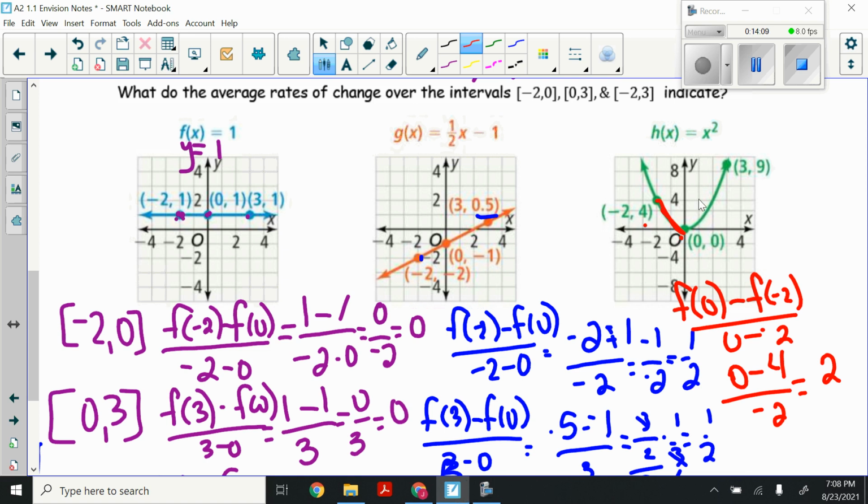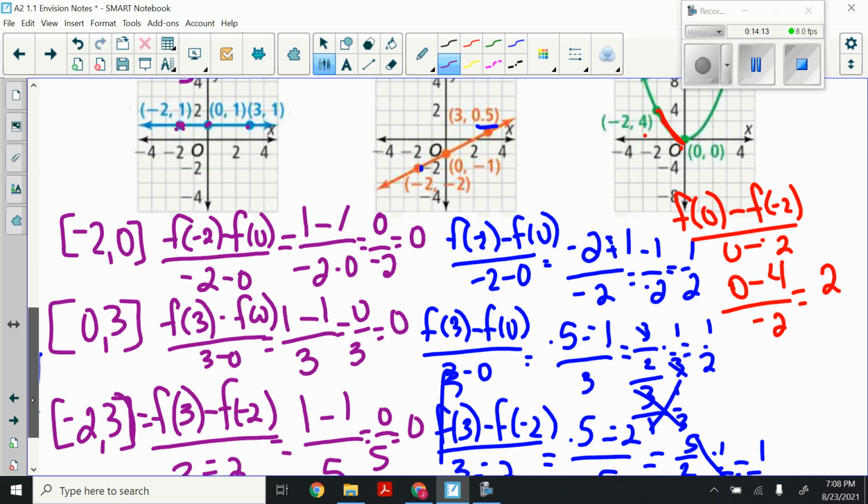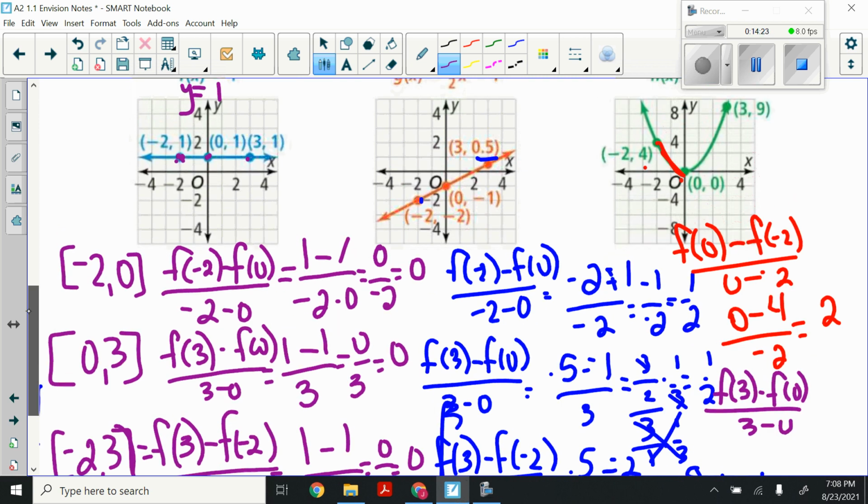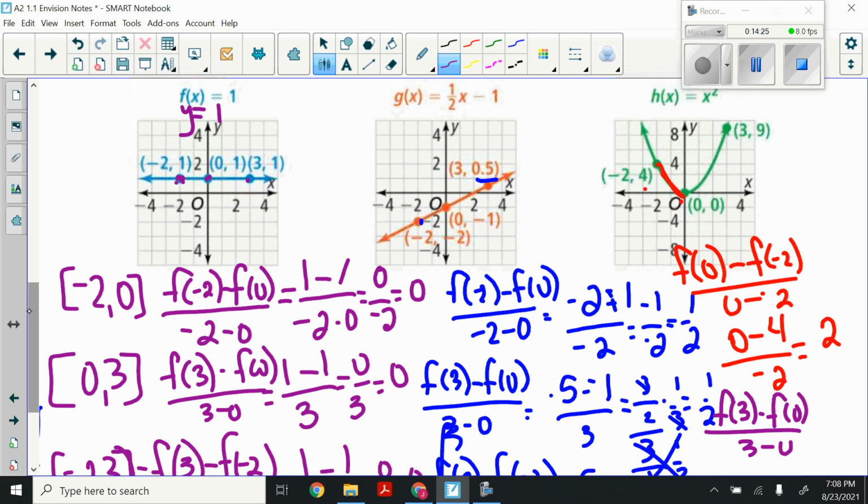Now I'm going to go to the next interval, 0 to 3. So I'm going to do f of 3 minus f of 0 over 3 minus 0. So I'm going to come up here and look at my graph. When x is 3, my y value is 9. So here I have 9 minus, when x is 0, y was 0.